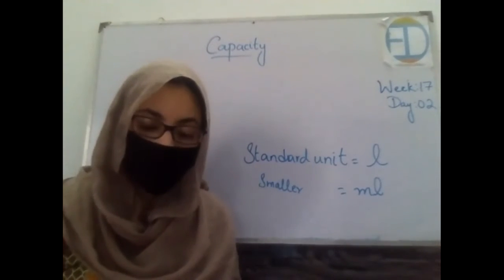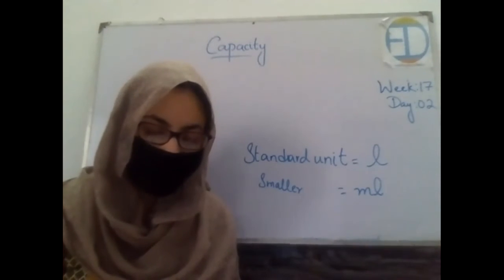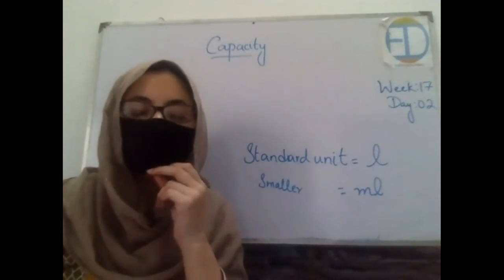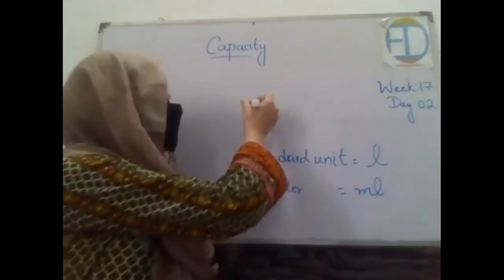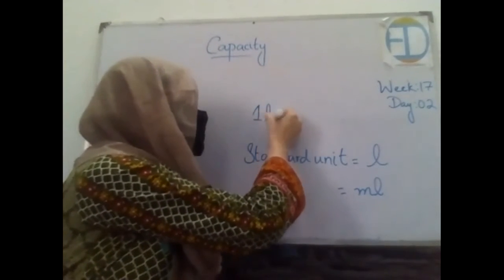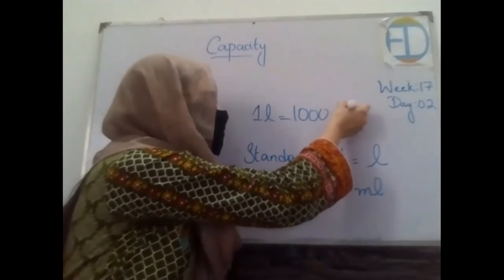Is the capacity more or less than 1 liter? Put the symbols underneath each object. Okay, now do you know that 1 liter has 1000 milliliters in it?